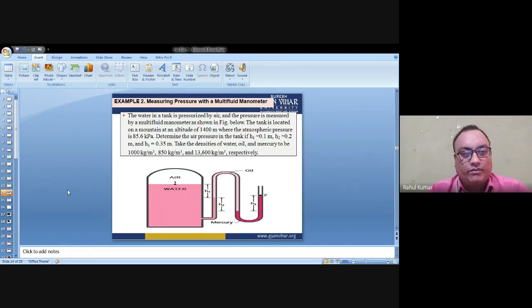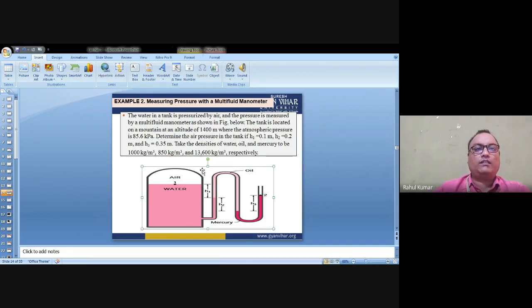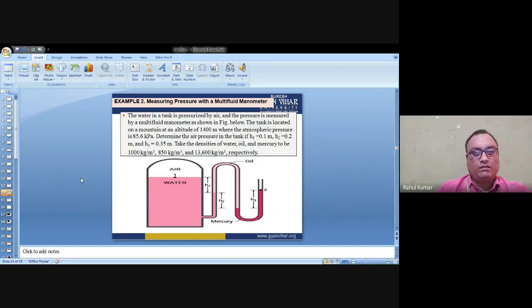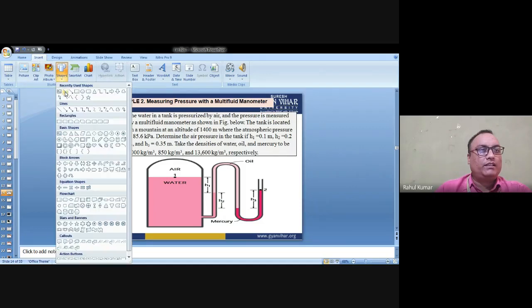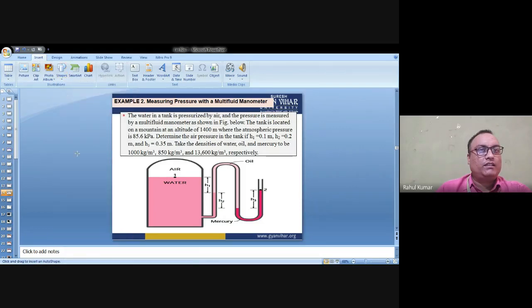This shows a good view of the question. Here the height is H1, and you can find the pressure at point 1 also. Here is H1, this is H2, this is H3.